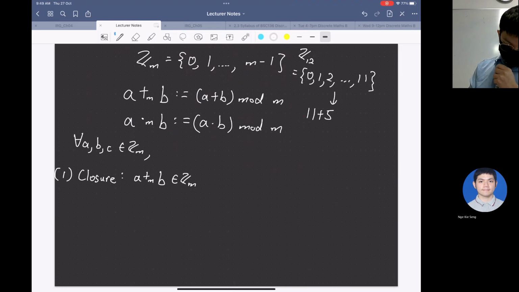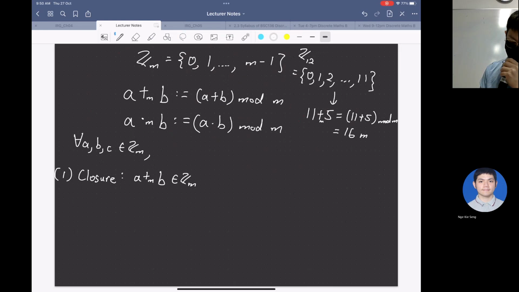This plus is the special plus, plus m, which is equal to 11 plus 5 mod m. Notice that here there is a subscript m, here no subscript m, because here is the usual addition. The usual addition you can do, right? 11 plus 5 is 16.